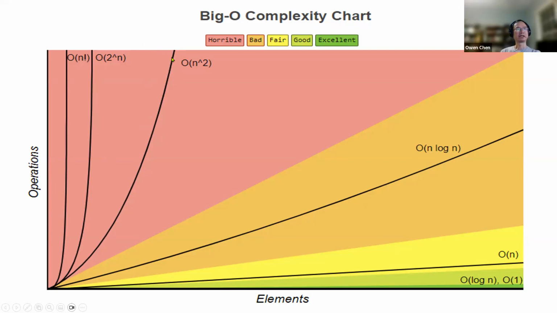But n squared, n cubed and everything below are all polynomial. But n to the power n and n factorial are the worst algorithms. They are exponential and factorial.